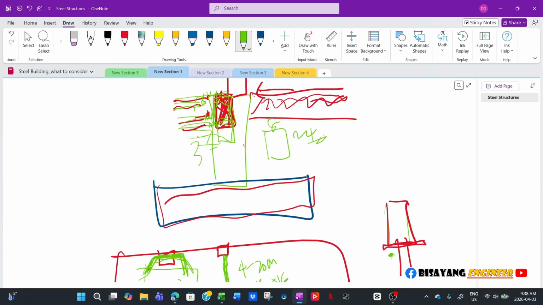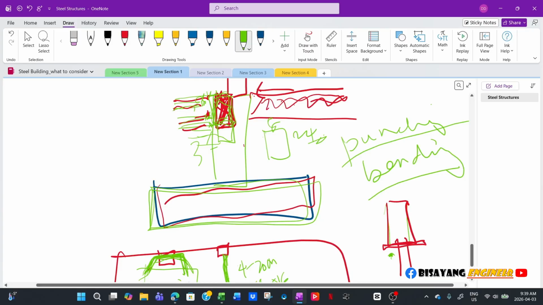Now, if you are doing this, your overturning here will be minimized. So you can have a shallow or thinner footing. Now, your footing will be sized based on punching and bending only, if that's the case. So there are many ways of how to deal with this, as long as you consider everything.